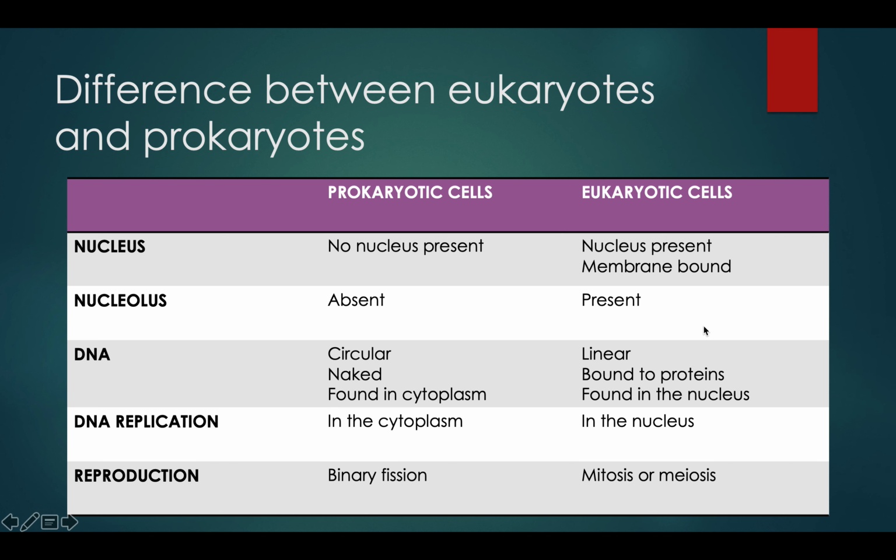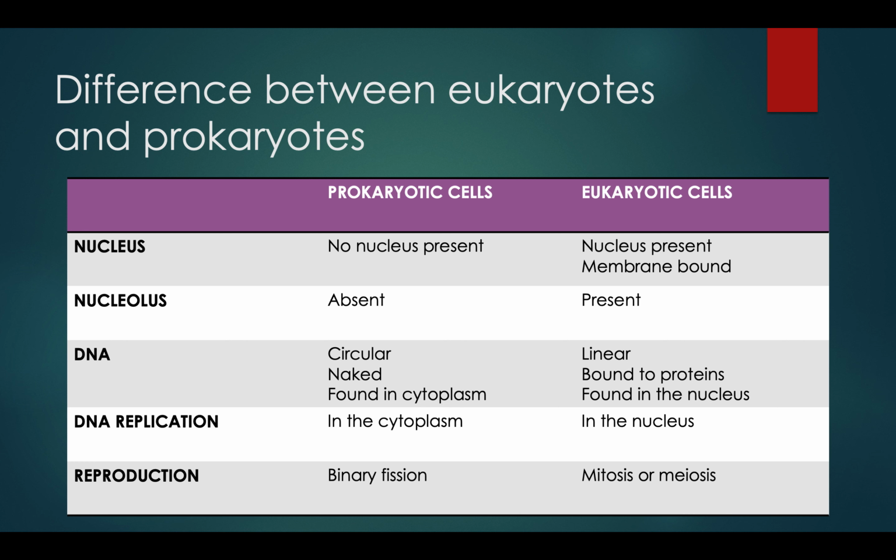Okay. So before we go on with the bacteria, let us just know a little bit of the difference between the eukaryotes and the prokaryotes. The prokaryotic cells are the primitive cells, and most of the bacteria fall in this group, and the eukaryotic cells are the more advanced cells: the human body cells, the animal cells, the plant cells, or maybe the fungi and all of them.